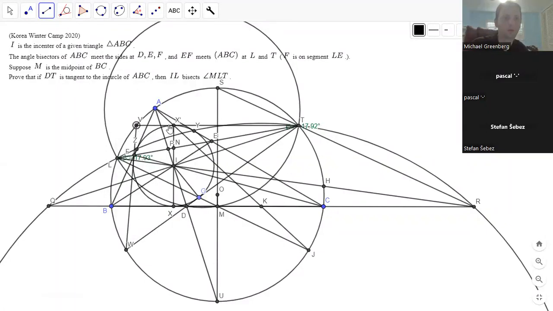So we can see that the line WT is just the reflection of BC in the angle bisector AI. Yeah, because DX and DG are tangent, because of the tangency.